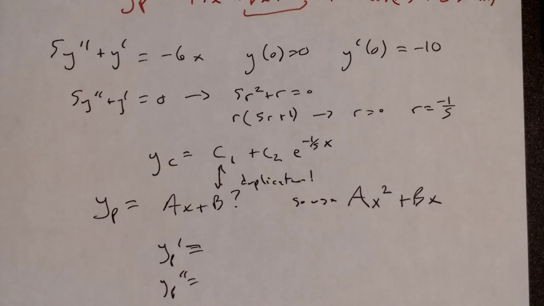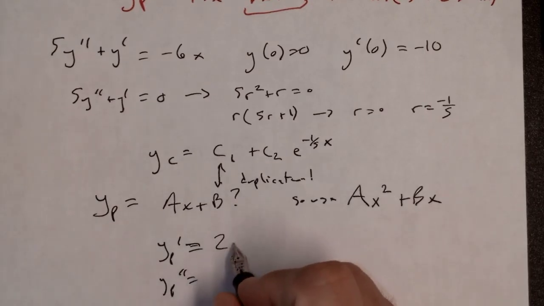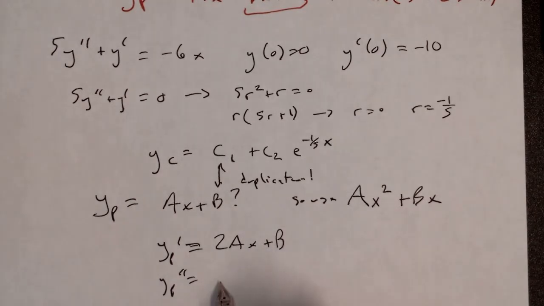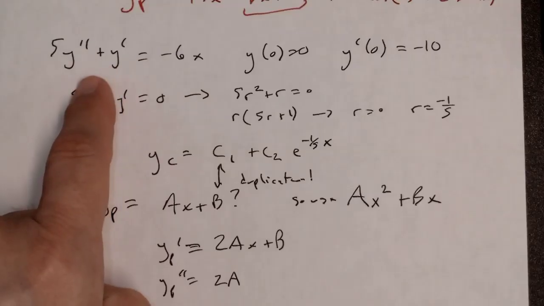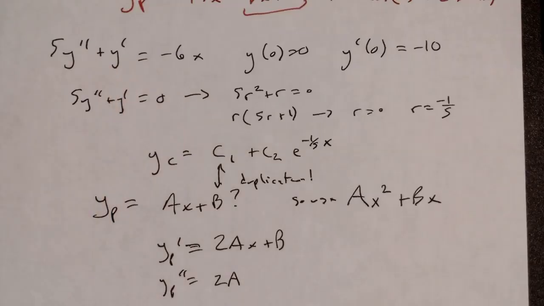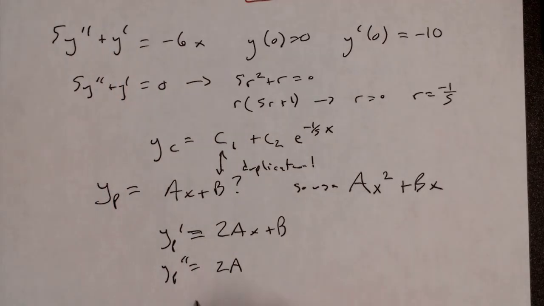Put those back in our non-homogeneous differential equation, and we get 5y double prime plus y prime equals -6x.